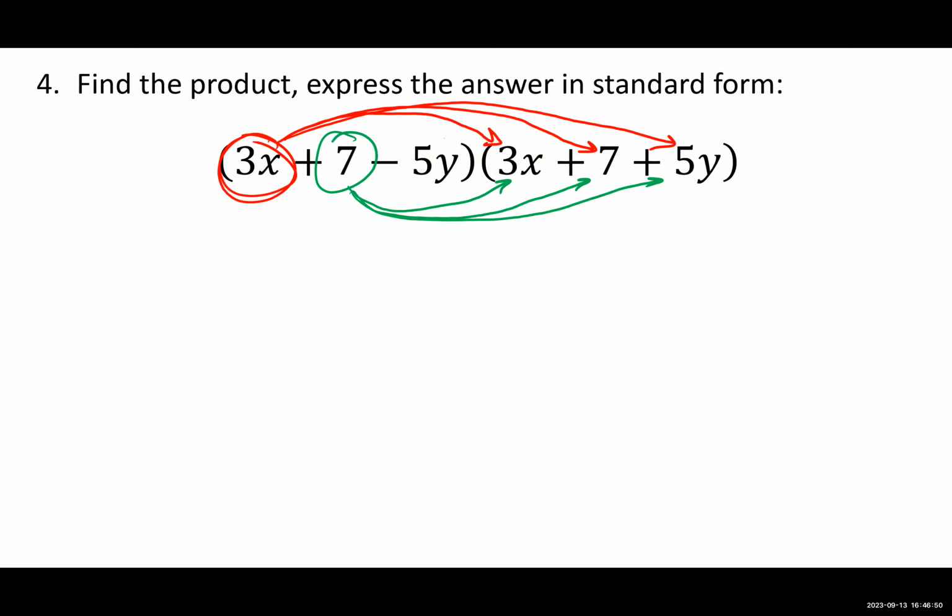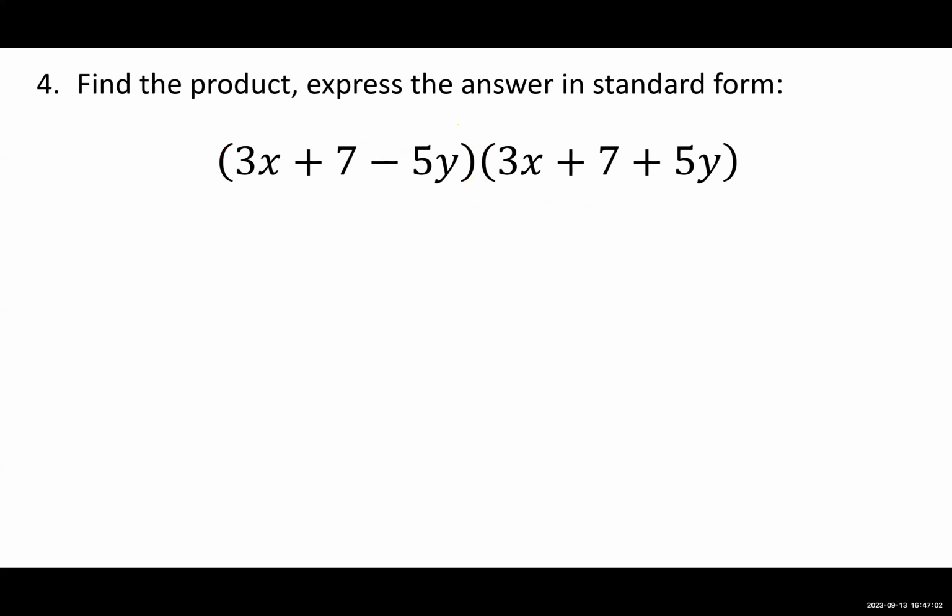And then finally, this minus 5y also has to hit the 3x, the 7, and the 5y. Okay, there's too many arrows here. I'm gonna erase these. But every term in this first parenthesis has to multiply by each term in the second parenthesis.